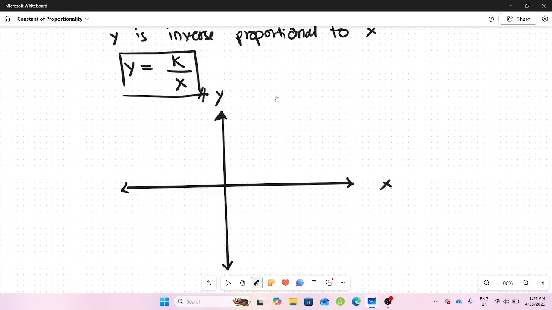So our graph here for inverse proportional would look like this. As x increases, y decreases; as x decreases, y increases. So that's what we mean by inverse proportional.